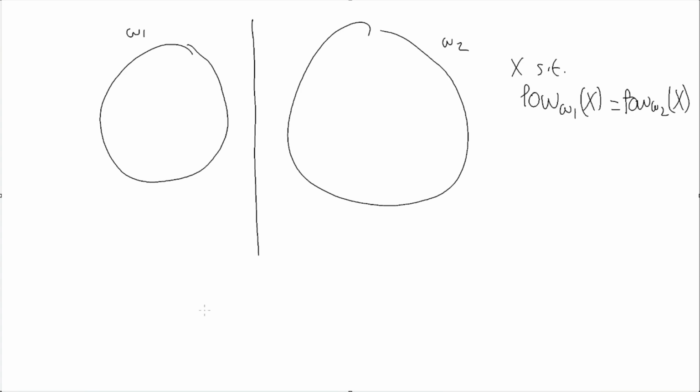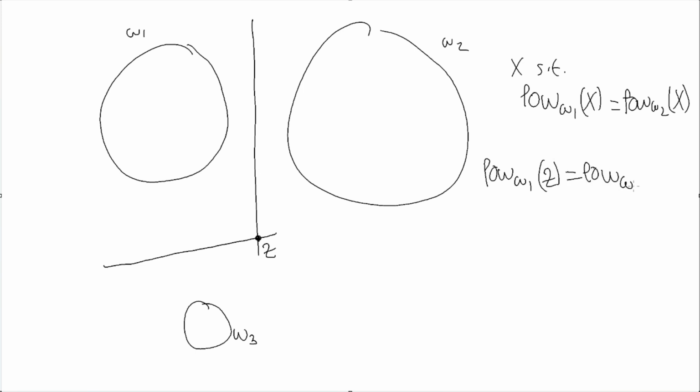And if we introduce a third circle and draw in this radical axis, and let this intersection here be z, then we know that z lies on the first radical axis, so the first two powers are equal. But z also lies on the second radical axis, which means that the power with respect to omega 3 of z is equal to the power with respect to omega 1 of z, by definition. So therefore, all of these three powers are equal.